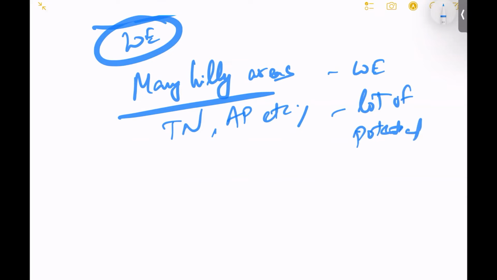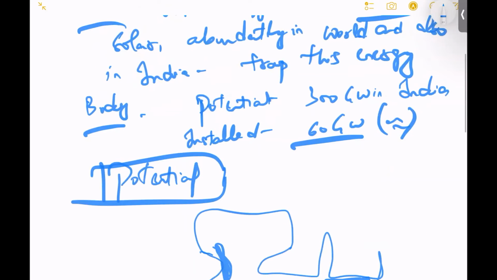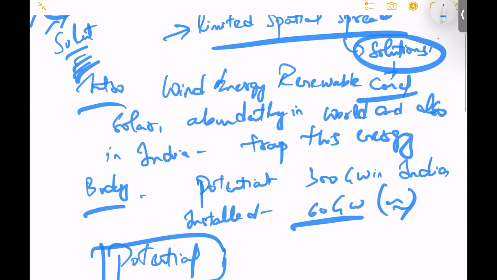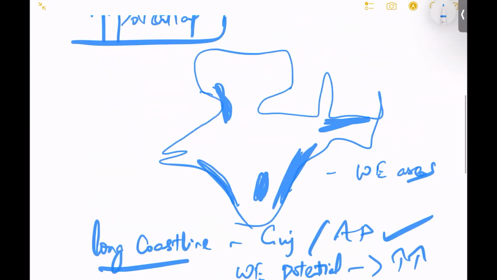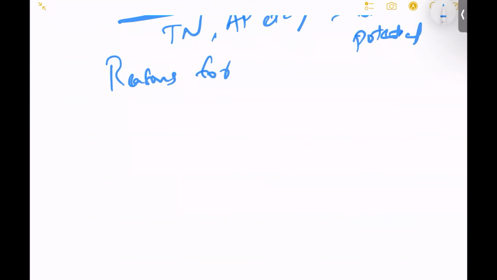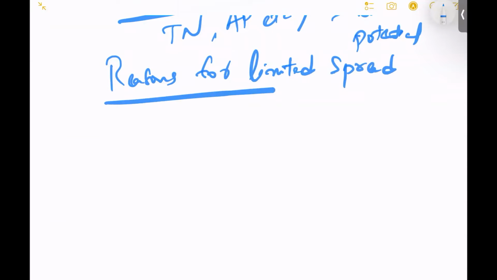So the next question is, after the potential, what is it? Reasons for limited spread. So the next slide I'm getting is reasons for limited spread. So what are the reasons for limited spread?